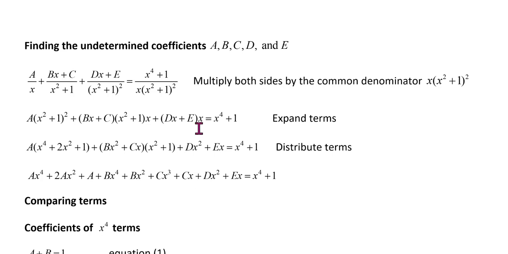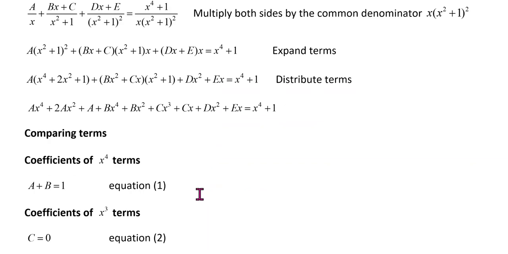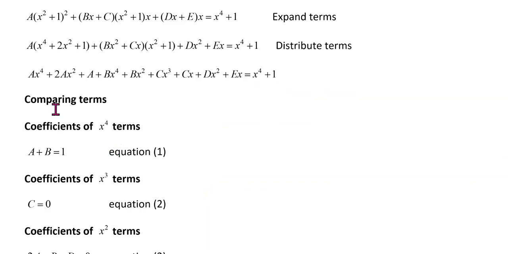And then over here we're going to distribute x, and then we get dx squared plus ex, and then equals x to the 4th plus 1. So this is a case now of comparing terms. Since the highest power of x is 4, we're going to compare the x to the fourth terms.